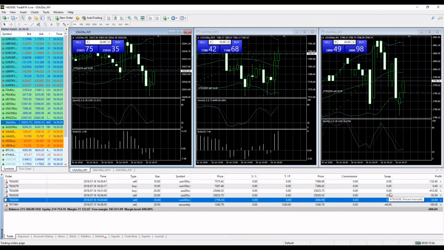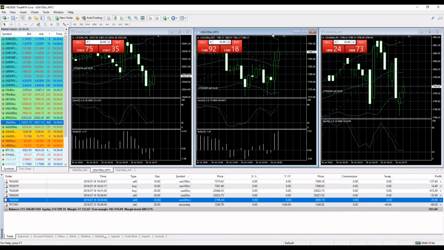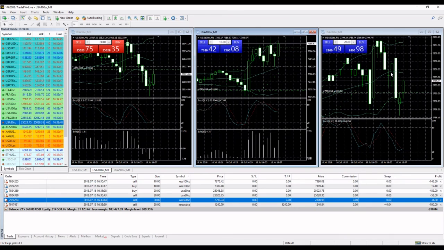USA 100 started to work upwards. This is good. On USA 100, we are short and long at the same time.